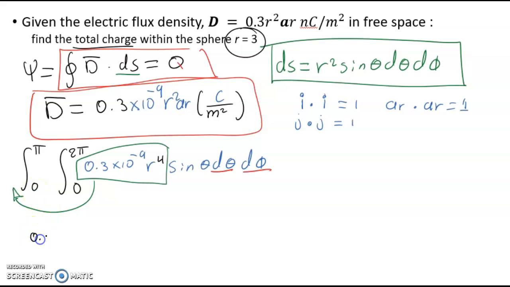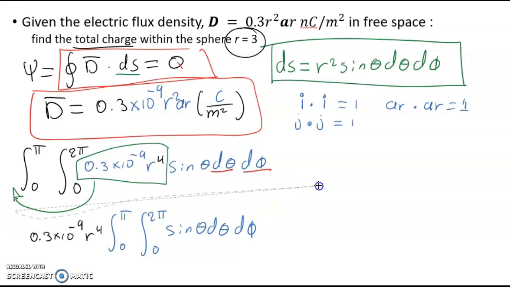So 0.3 times 10 to the minus 9 r to the fourth times the integral from 0 to pi, integral from 0 to 2 pi, of sine of theta d phi d theta. This is the integral we need to solve.